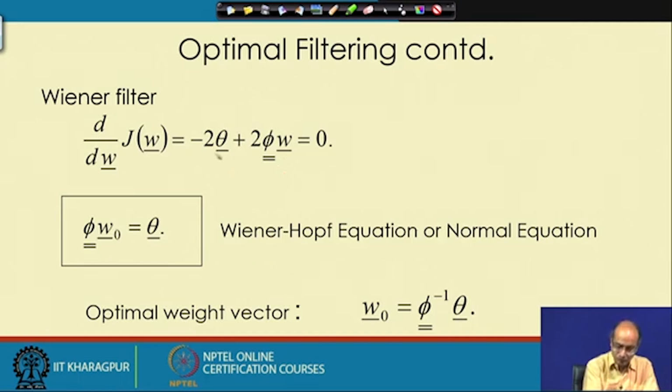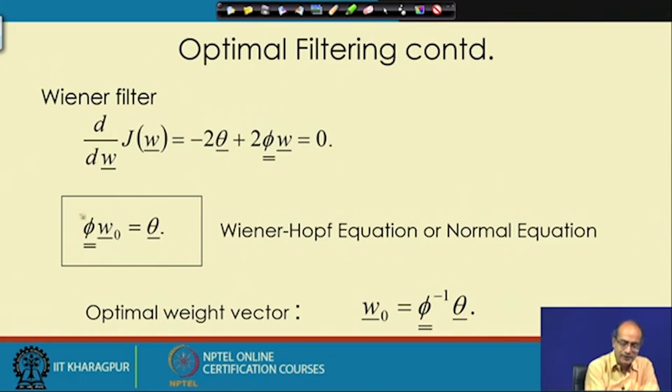Okay. Now, by scaling it and changing the side, that means taking this theta to the right hand side, we can write it in this form: phi w 0 equal to the vector theta.